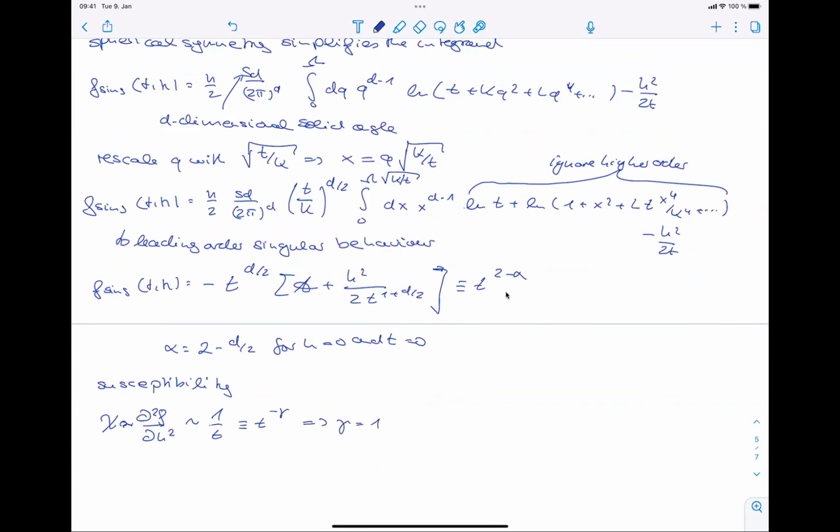So the aim of this exercise was to derive explicitly the critical exponents for this Gaussian model, and now show that we can arrive at the same result with the renormalization group transformation.